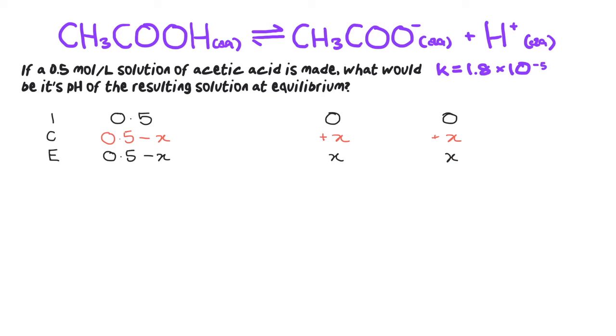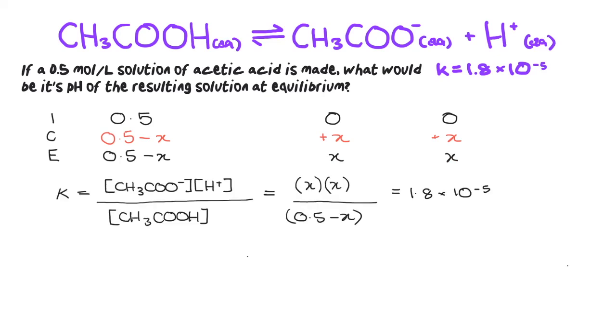Let's plug these values into the expression. We can proceed to solve the equation using quadratics. However, knowing that K is super small means X is also super small in comparison to 0.5. So we can make the approximation that 0.5 minus X is really just 0.5. It's a bit like pulling one single eyebrow hair.